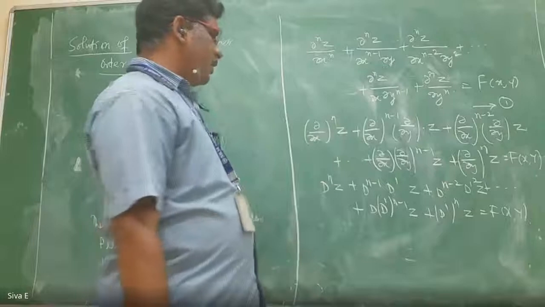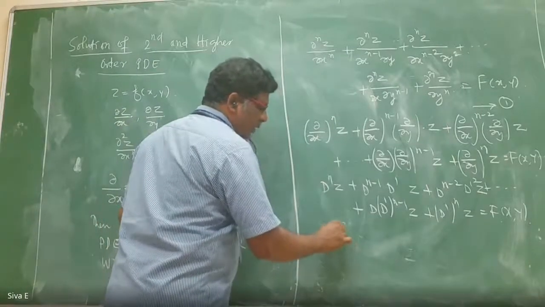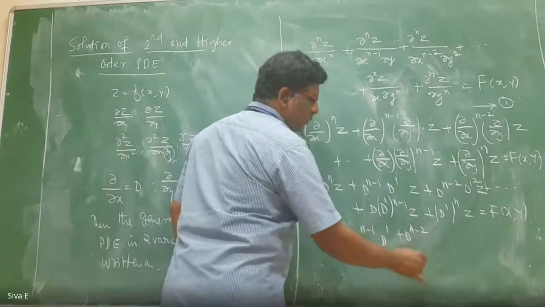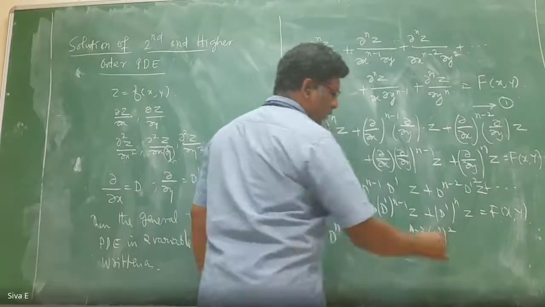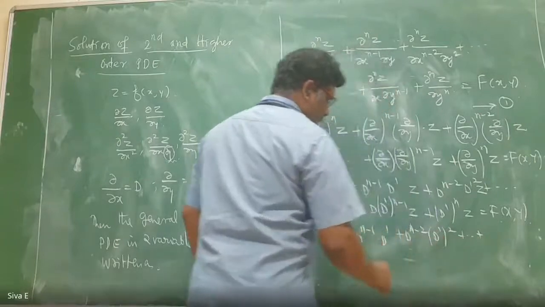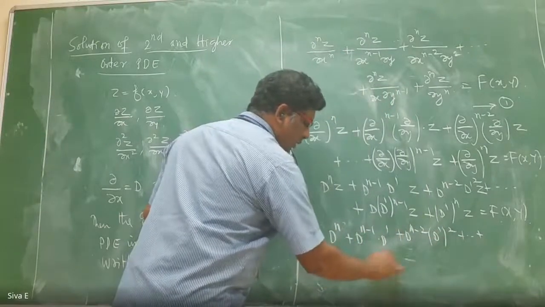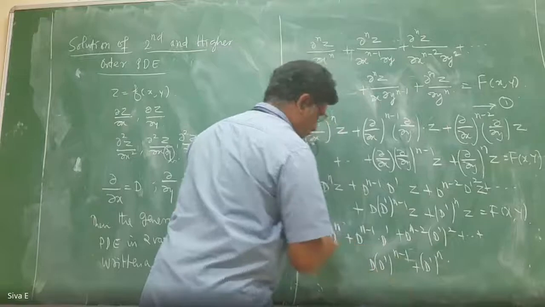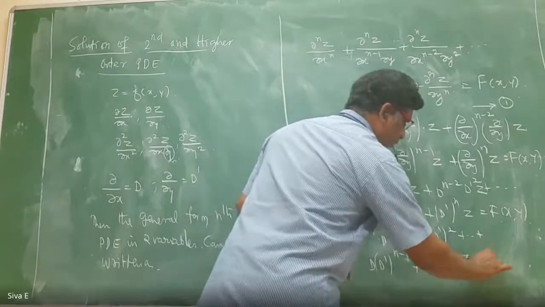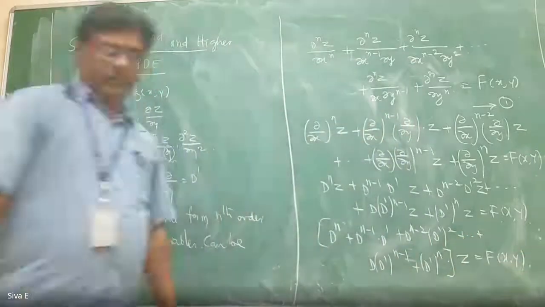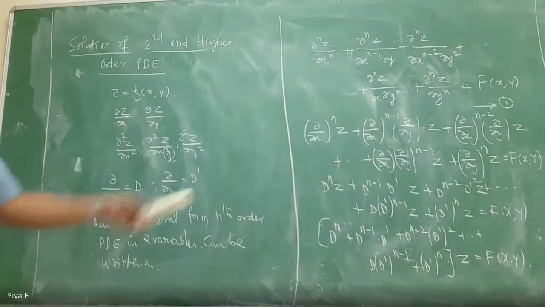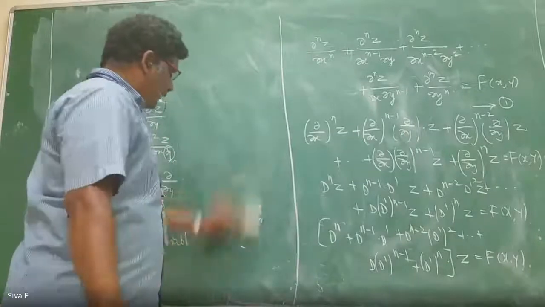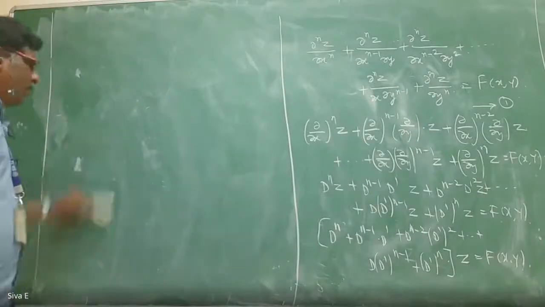If you are taking that z outside, then what you get? D^n plus D^(n-1) into D' plus D^(n-2) into D'^2 etc., D D'^(n-1) plus D'^n, put the bracket, equal to f of x comma y, which is the general form of the nth order partial differential equation of two variables x and y, two independent variables.